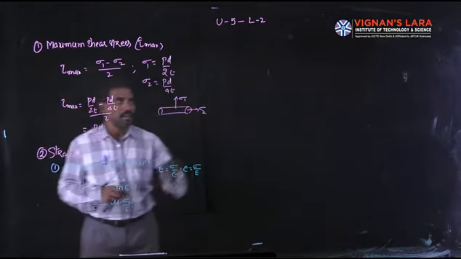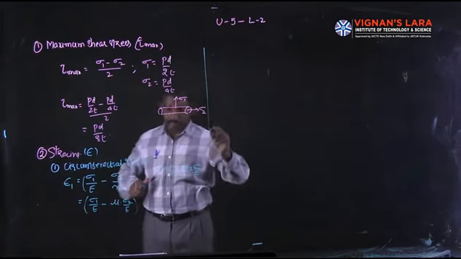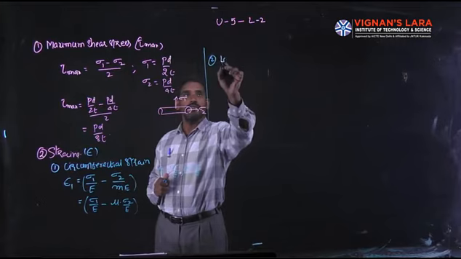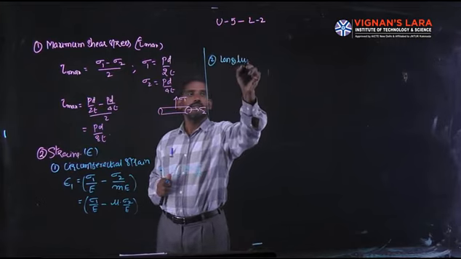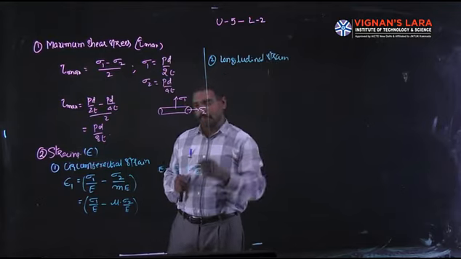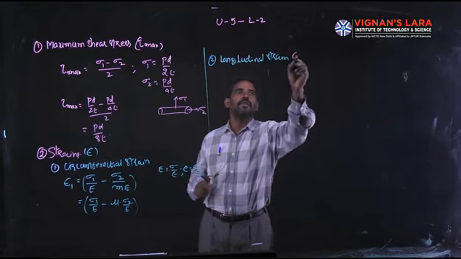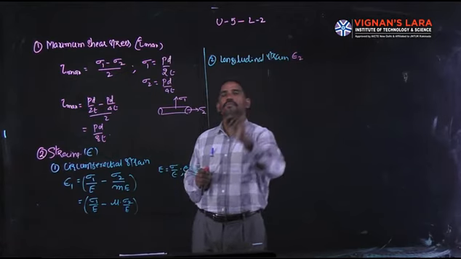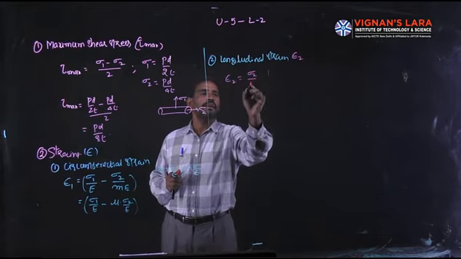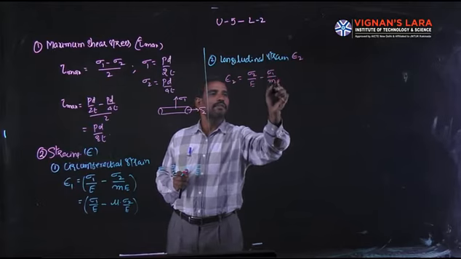Then similarly, coming to the longitudinal strain, which is represented by epsilon 2. Epsilon 2 is equal to sigma 2 by E minus sigma 1 by mE.